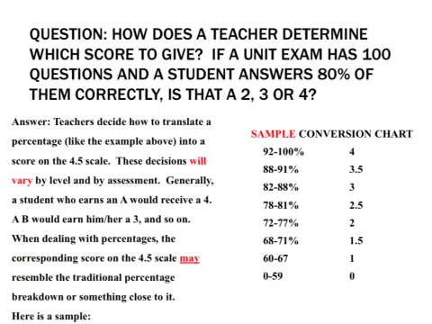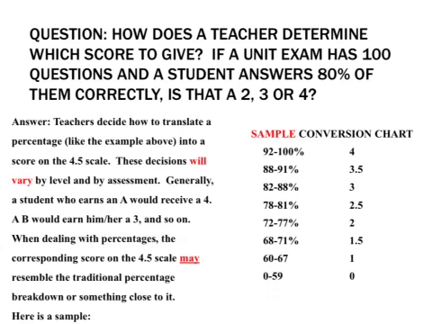So how does a teacher determine which score to give? Please see below on the convergence chart that if a unit exam has 100 questions and a student answers 80% of them correctly, then that student, by looking at this convergence chart, would range between 78% and 81%, which is a 2.5 on this convergence chart.